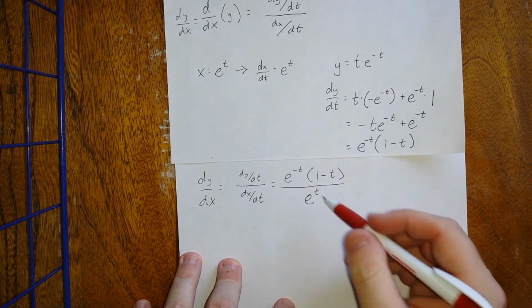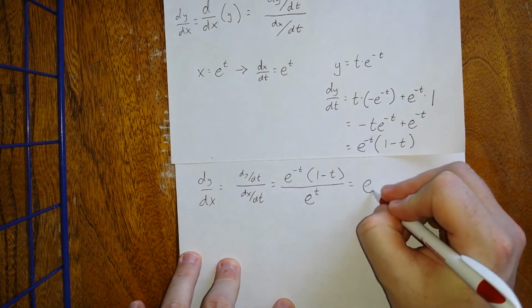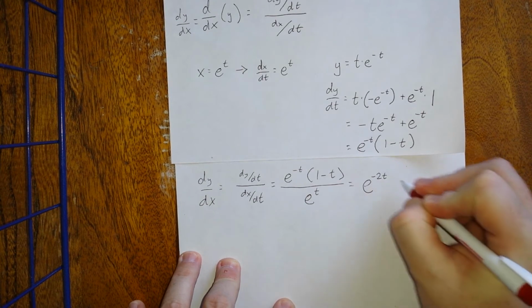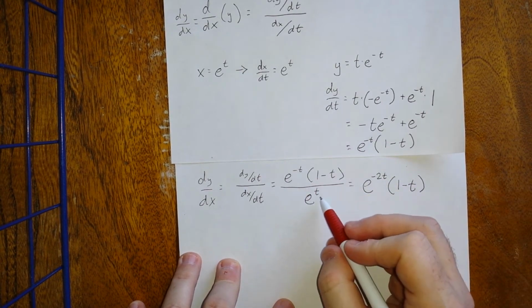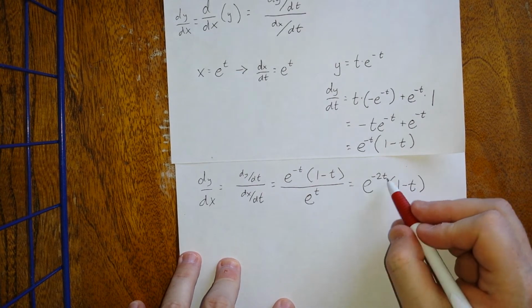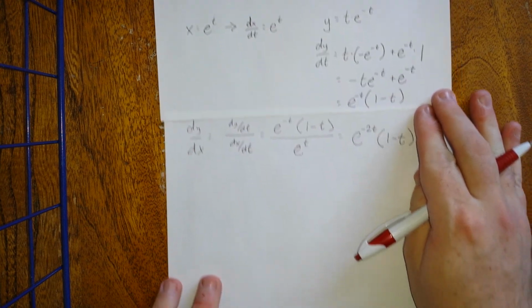Now we're going to have to differentiate this again, but we could do a little bit of algebra to make this nicer to work with. We take the e to the negative t divided by e to the t, subtract those exponents, and now we have e to the negative 2t. This will make our derivative a little bit easier.